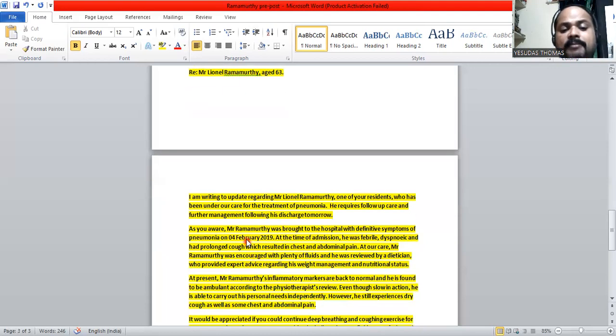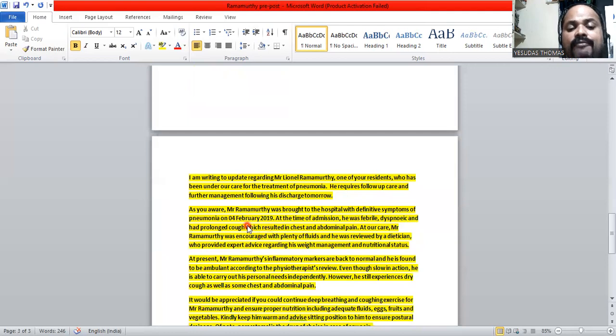Now, as you are aware, Mr. Ramamurthy was brought to the hospital with definitive symptoms of pneumonia on 4 February 2019.